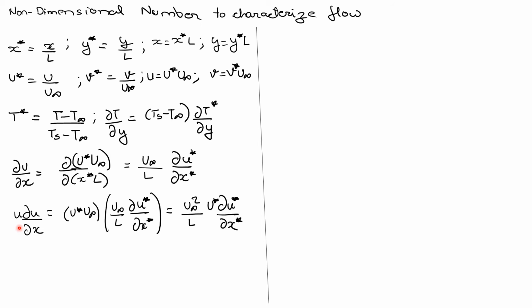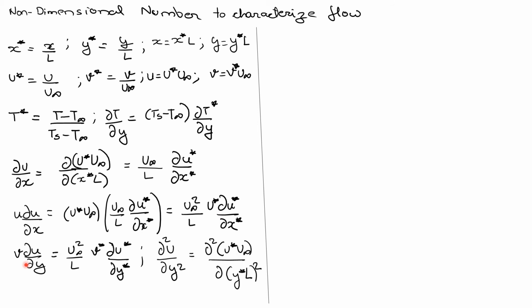And similarly, if you have to find u into del u by del x, you'll just multiply u to the previous equation, which will give you u star u infinity square by L times u star into del u star by del x star.